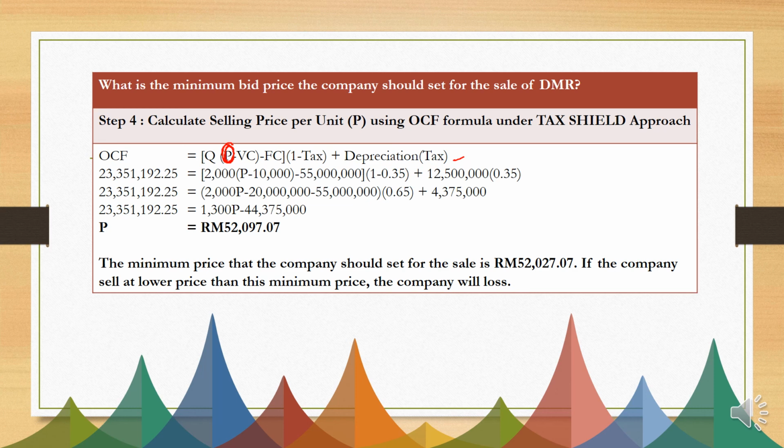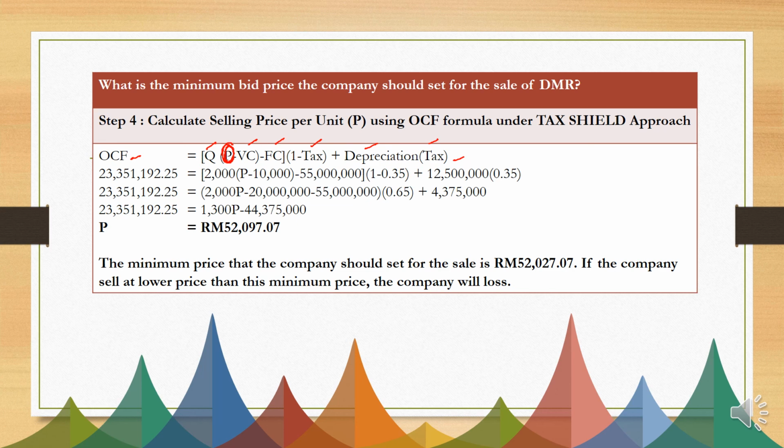So you will insert all of the information regarding OCF, Q, VC, FC, depreciation, and also the tax rate into the formula, where you will find the amount of P.